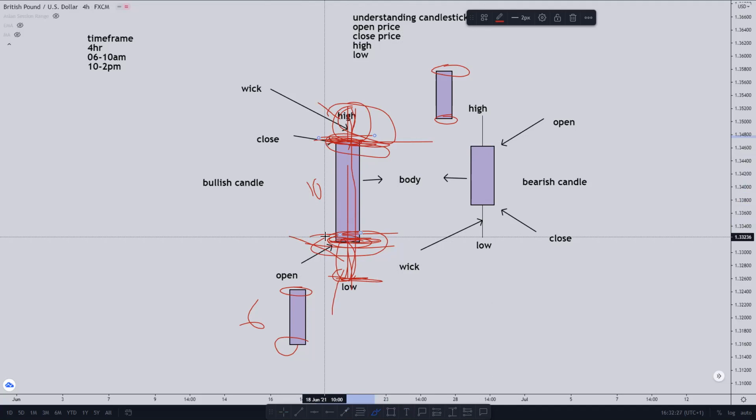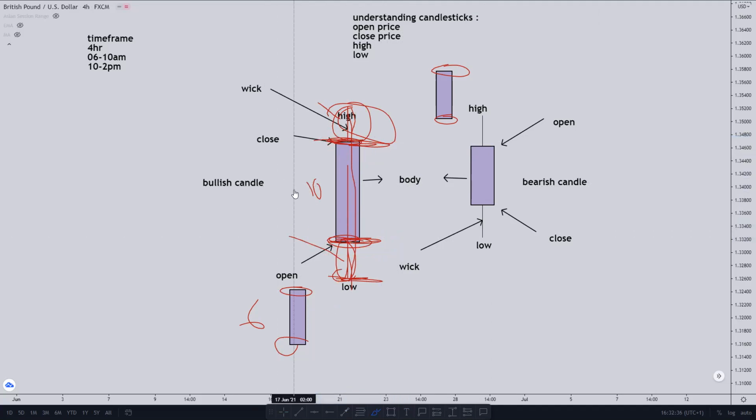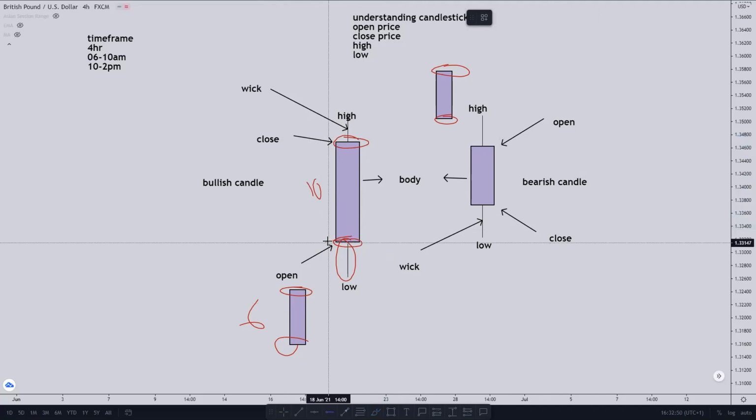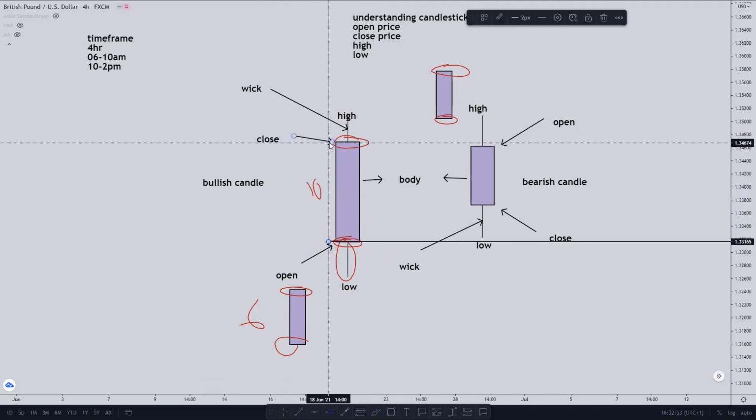If I'm asking you what is the open price of the previous 4-hour candlestick, I want you to be able to go to the chart and point out and look at this and say, okay, cool. This was the open of that candlestick, and this was the close price of this candlestick. So now you can go and mark there, and mark there, and then you look at your right and see, okay, cool.